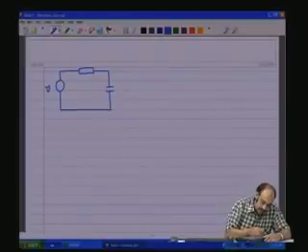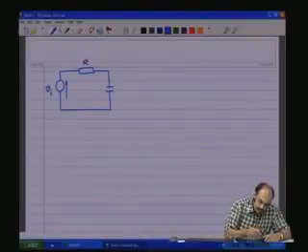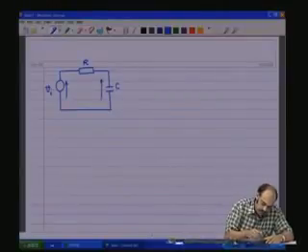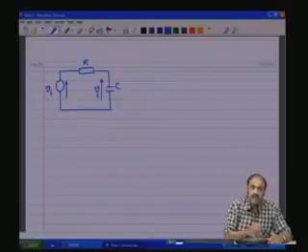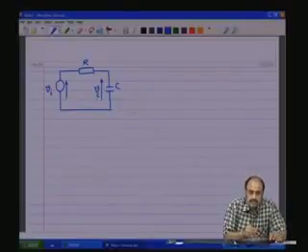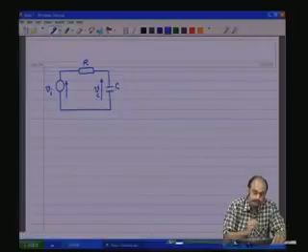Now, this has a source voltage Vi, there is a resistance R, there is a capacitance C which has a voltage Vc, which is the state variable in this case because C is the energy storage element.